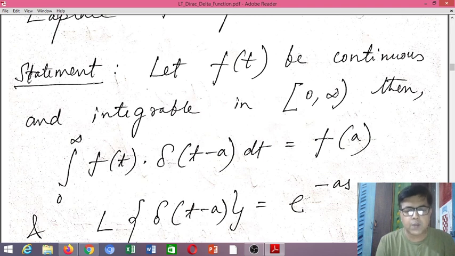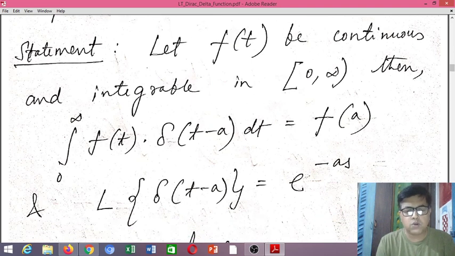This is called the filtering property of the unit impulse function. And if you use this property, you can also find the Laplace transform of unit impulse function. So what is that? It is L of delta t minus a will be equal to e to the power minus a s.